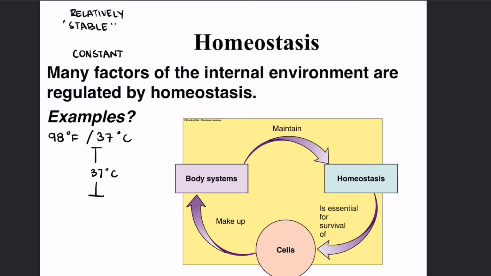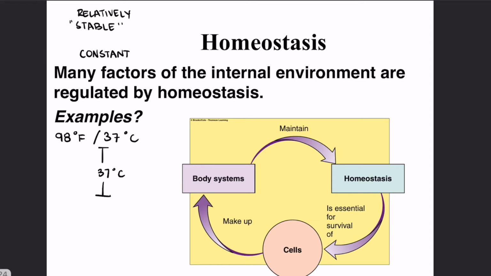And if you go outside of that range, if you have a fever, that tells us that there might be a disease or something that is impacting our homeostasis, and something might be wrong. And so looking at how our body is acting and whether it's maintained under homeostasis is really important.